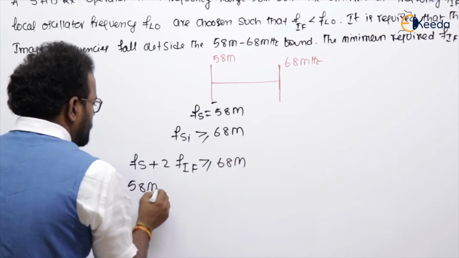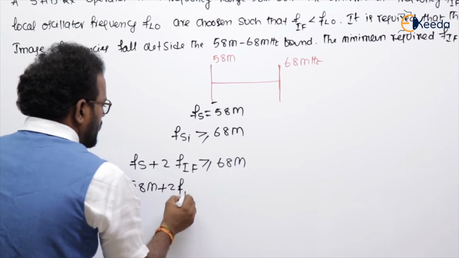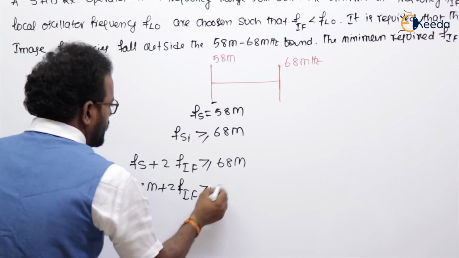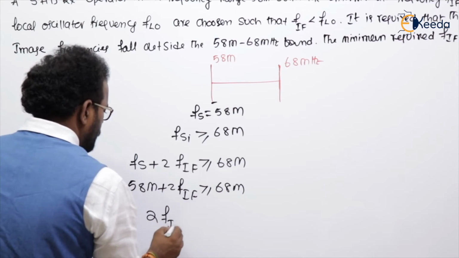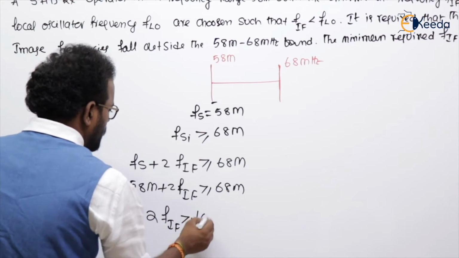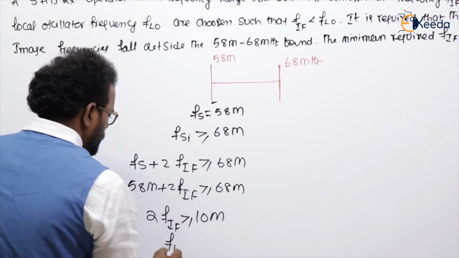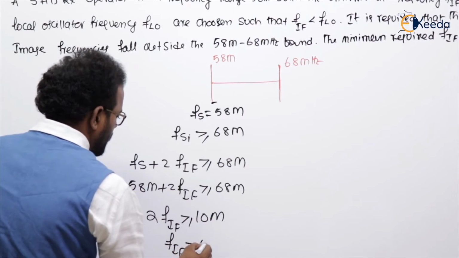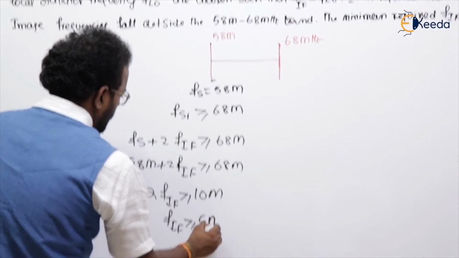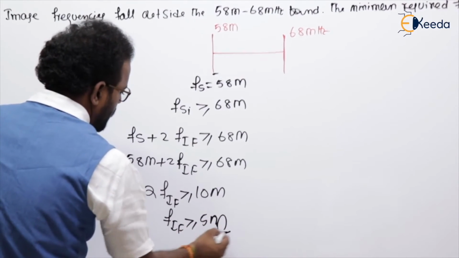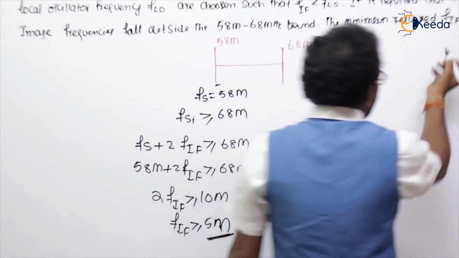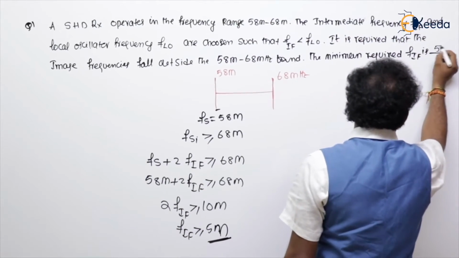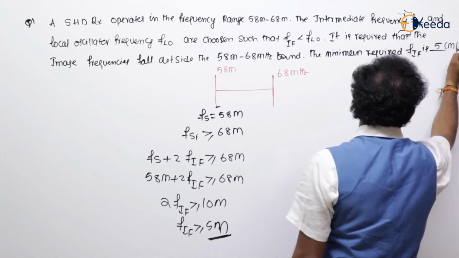So 58 MHz plus 2 FIF greater than or equal to 68 MHz. So 2 FIF greater than or equal to 10 MHz. So FIF greater than or equal to 5 MHz. Greater than or equal to means the minimum value itself is 5 MHz. Here he already told in megahertz, so 5 we have to type.